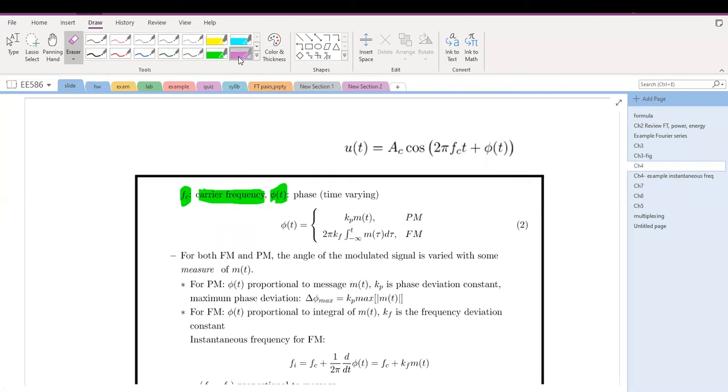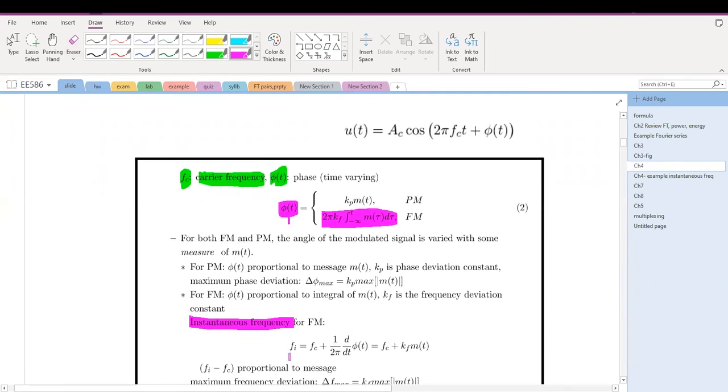Next, let's look at the FM modulation. We have phi(t) equal to this portion. Now let's look at the instantaneous frequency for FM. I use the notation fi, where i means instantaneous. How do we calculate the instantaneous frequency?